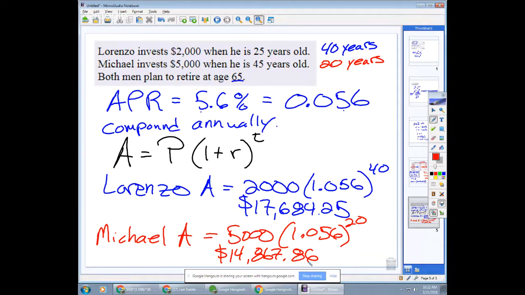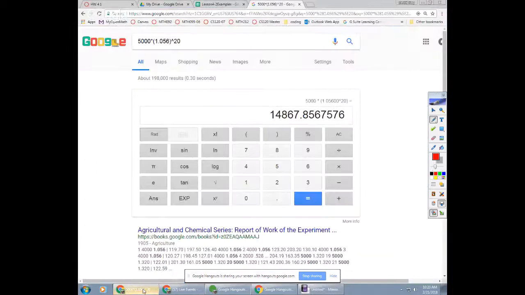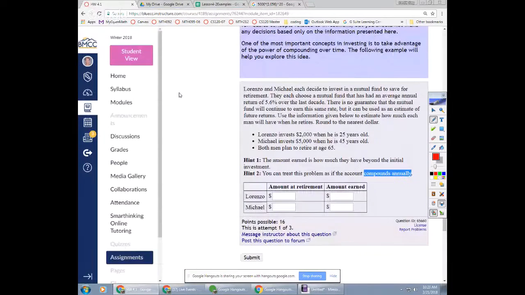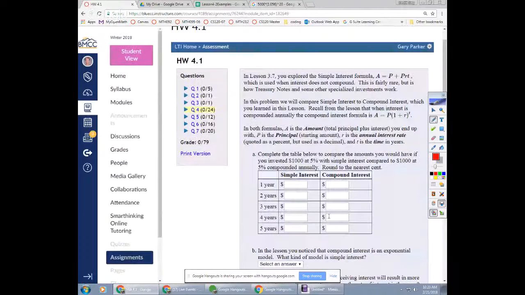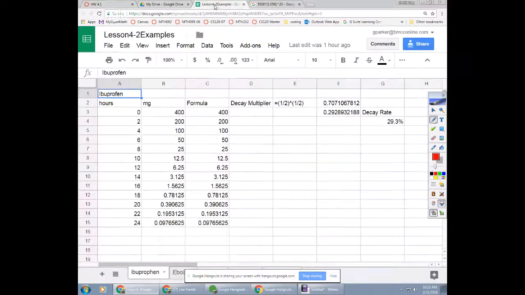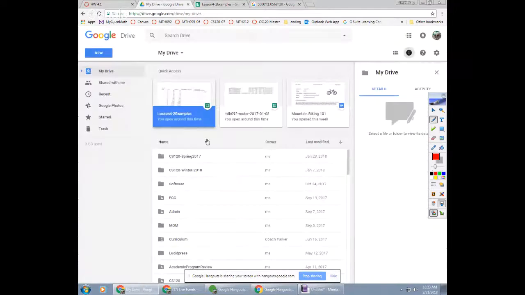All right, spreadsheet time. So one thing I like about Google Sheets and other spreadsheets too is that when I have a problem that has a table in it, I can just copy and paste it. Now, I don't think it's going to benefit me to copy and paste this one, but I'm going to do it anyway. So type it. Let's see, this is homework 4.1.